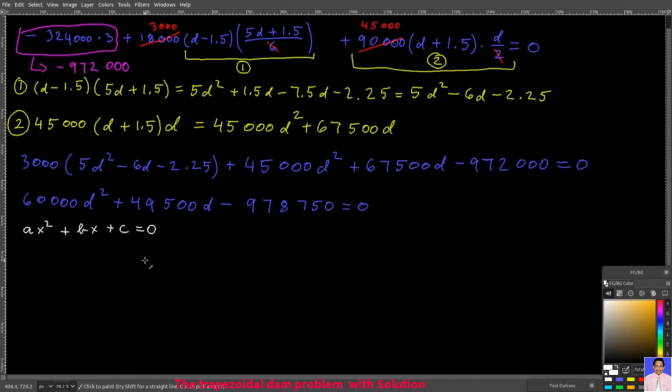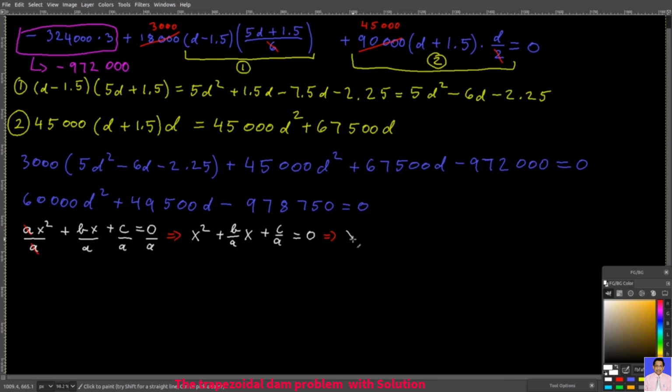In order to solve for x, I will do the following. I will divide all terms by a. Here the a's get cancelled, and so I will have x squared plus b over a times x plus c over a equals 0.